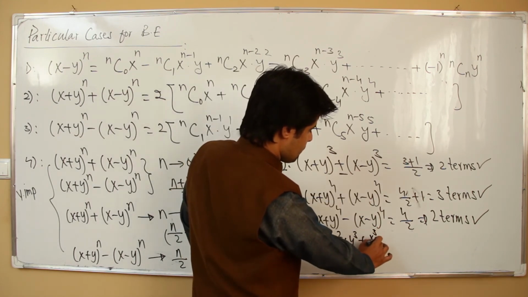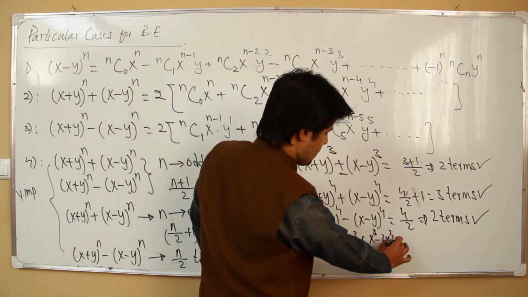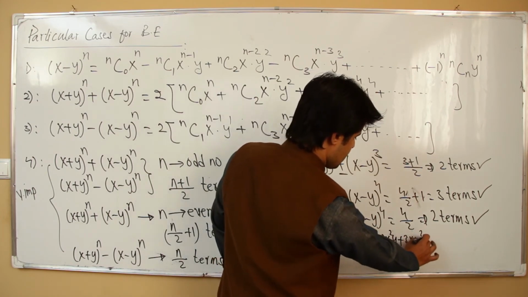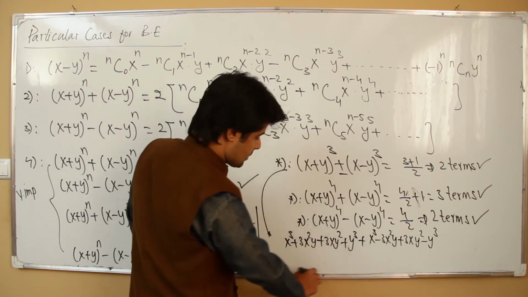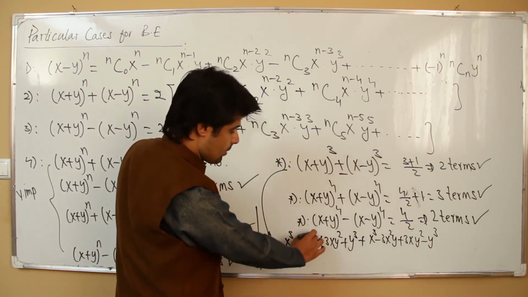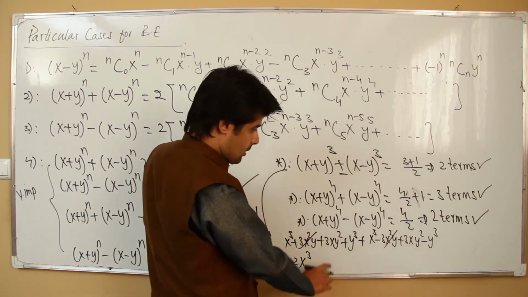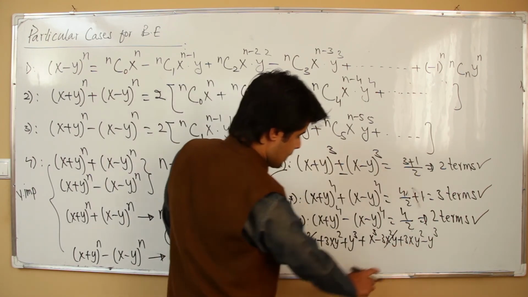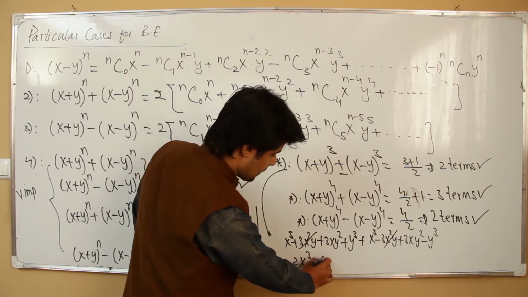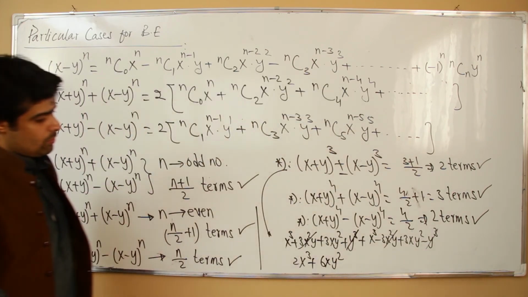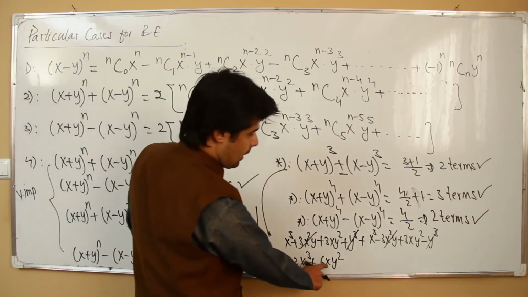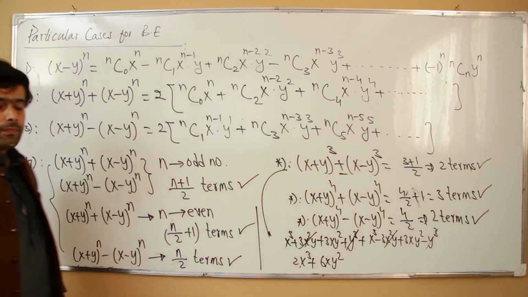It's x cubed minus 3x squared y plus 3xy squared minus y cubed. Now, x cubed with x cubed, 2x cubed. This one with this one is cancelled. 3xy squared, 3xy squared, it's 6xy squared. y cubed is getting cancelled. Now, count. How many terms do we have? 2 terms.